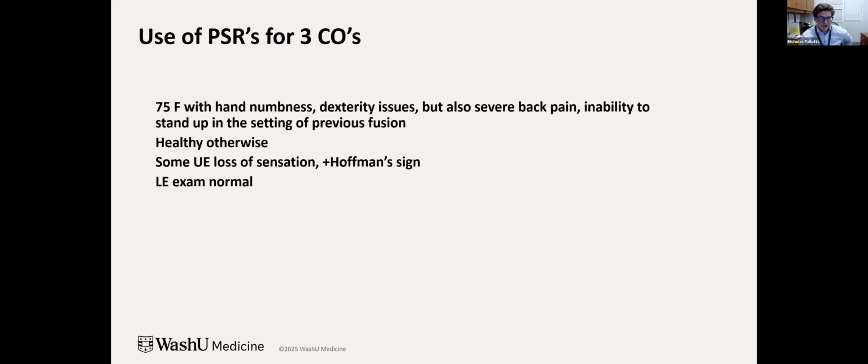Otherwise, actually fairly healthy. And she did have some signs of spinal cord impingement in the upper extremities. Lower extremity exam actually mostly normal on manual testing.